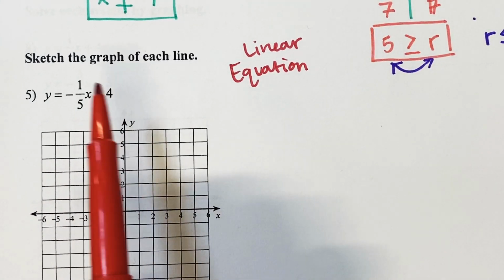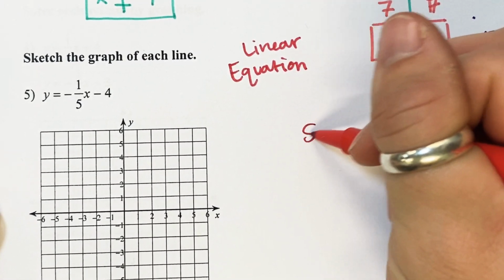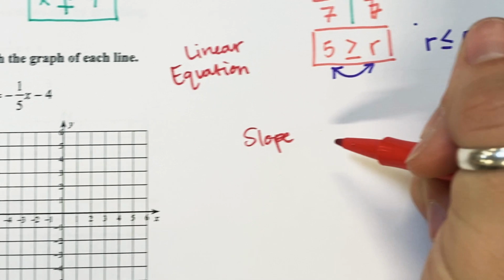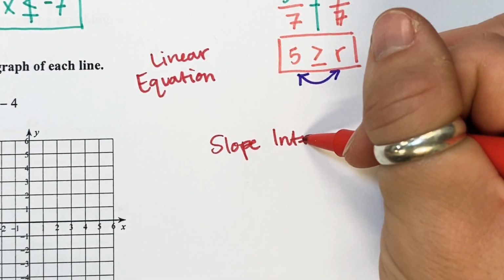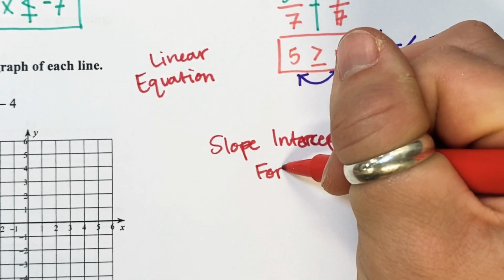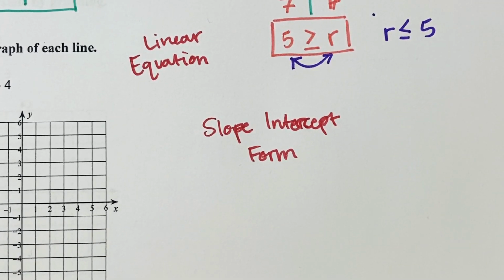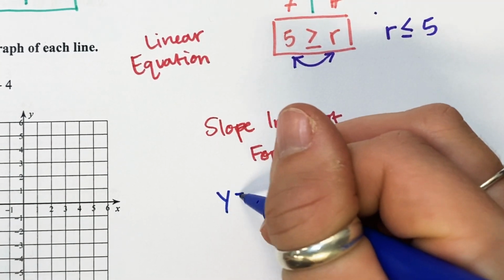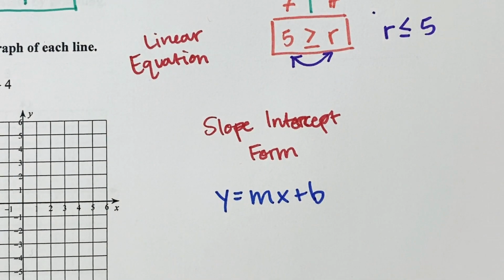Okay, so this linear equation is in slope-intercept form. So let's make a couple notes right here on your paper. This equation is in slope-intercept form. Okay, slope-intercept form is always written as y equals mx plus b, which you guys know.